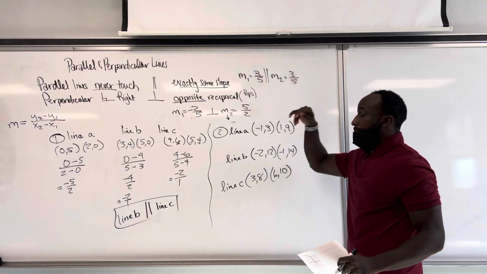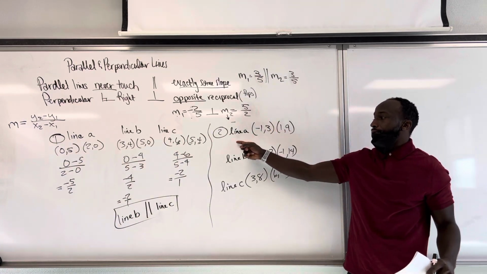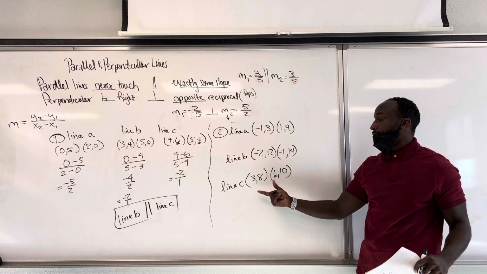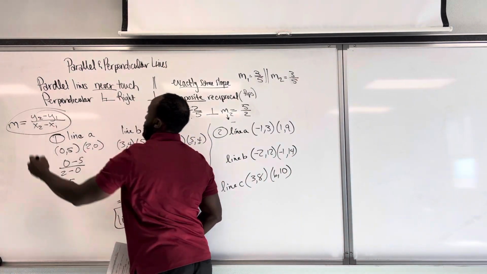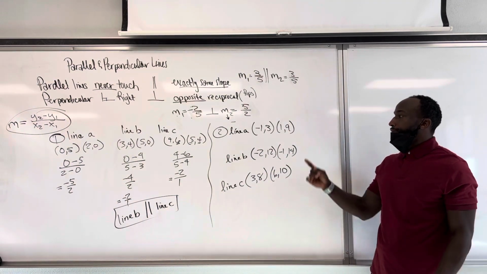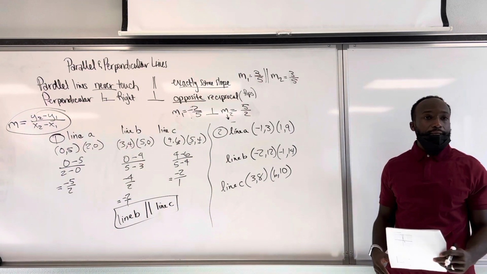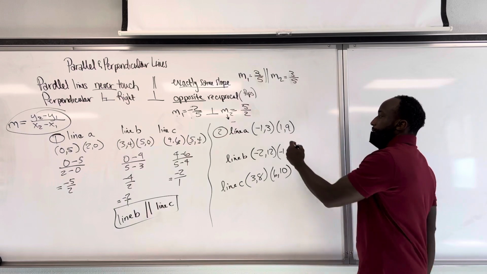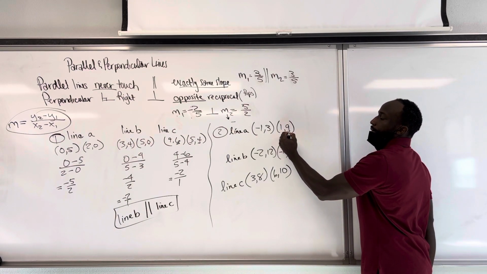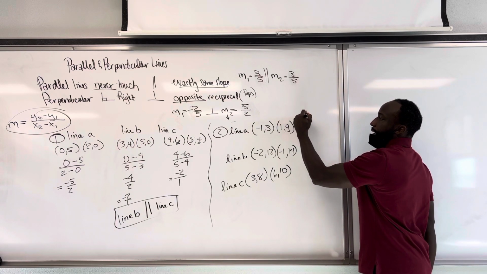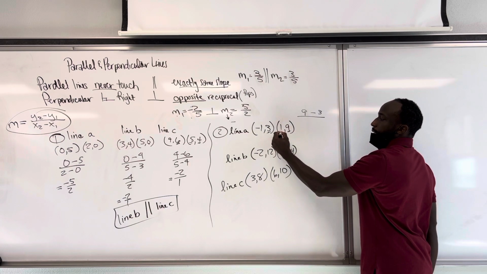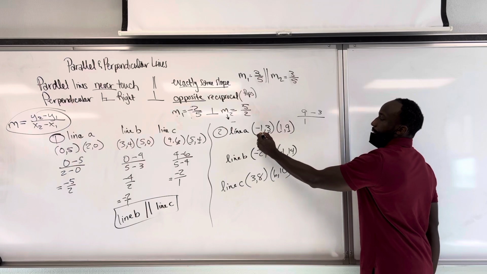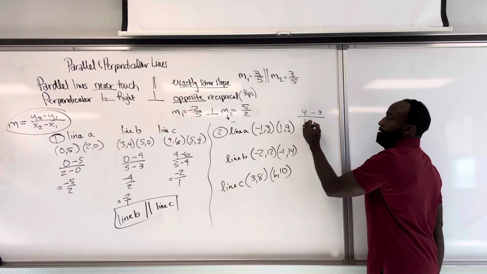Alright? Passing through means these are the points on this line, these are the points on line B, and these are the points on line C. Right? We're going to use the slope formula to figure out if these lines are parallel to each other. Okay? So again, let's go. So we got Y2, 9 minus Y1, 3 over X2, 1 minus X1.